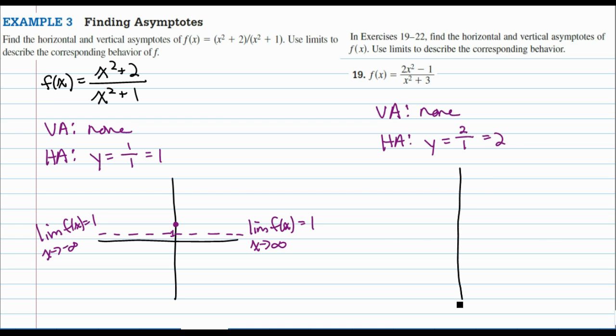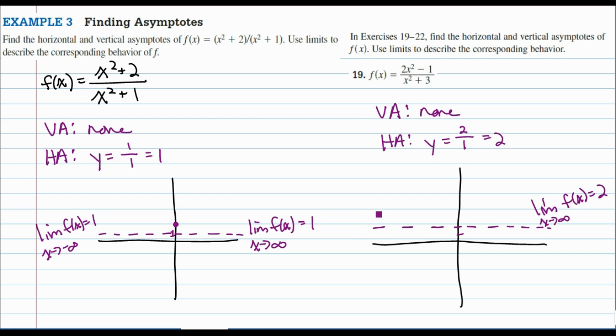Without any kind of graph on my calculator, if I know I have a horizontal asymptote at y equals 2, I can tell you that the limit as x approaches positive infinity, as we go all the way out to the right, the function has to approach this horizontal asymptote. So the limit of f of x would be 2. The f of x values approach 2. See, y equals 2. f of x is y.